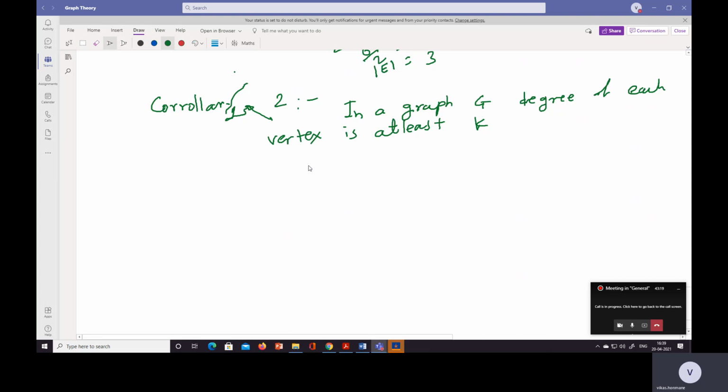So here we are not considering the complete graph, here we are considering any graph.